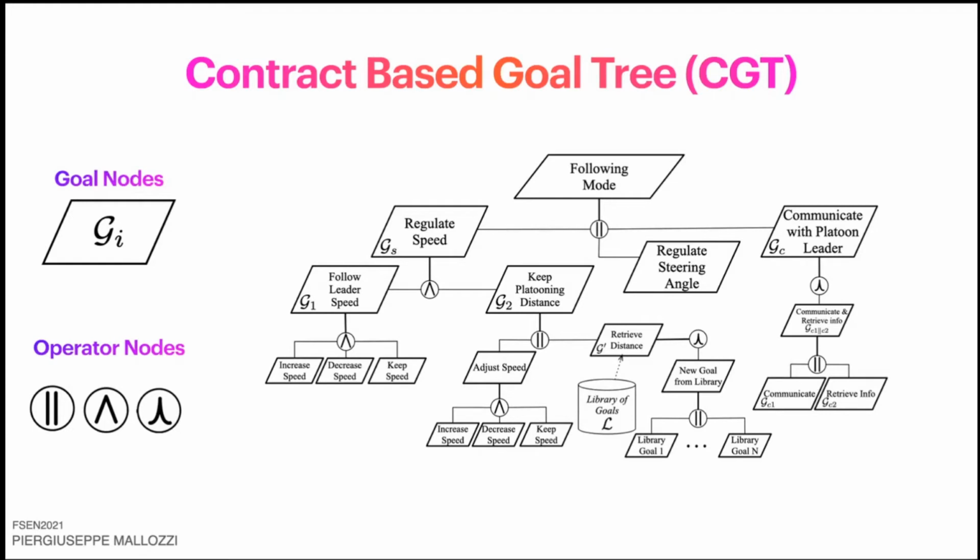And here you can see the example that we show in the paper, where we define the vehicle platooning, and we express the goal of the following mode of the vehicle. What does the car that is following the leader have to do? Well, it has to regulate the speed, regulate the steering angle, and communicate with the platoon of the leader, and so on.